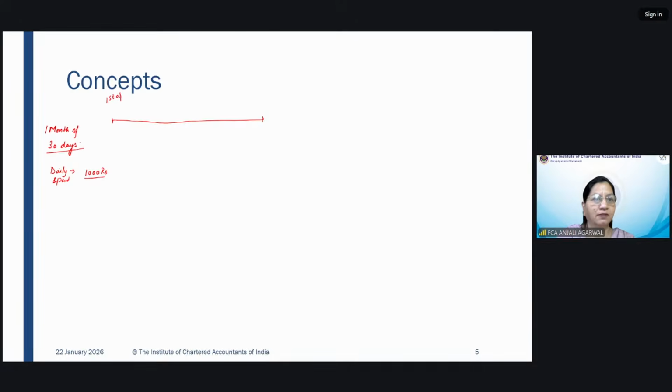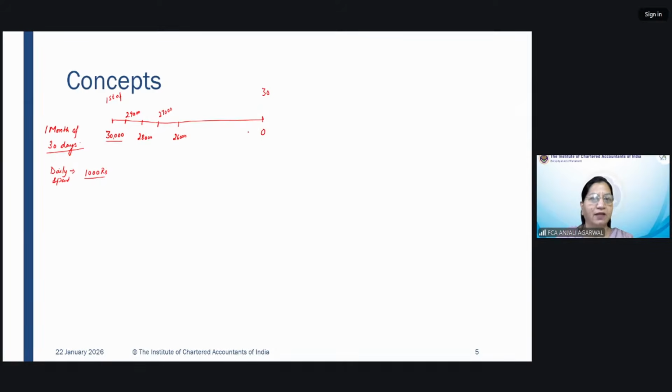On the first of every month, you withdraw 30,000 from your bank account to keep cash. On second of the month, the balance will be 29,000. On third of the month, the balance will be 28,000. Fourth, at the end of the fourth day, 27,000. So every day you are going to spend 1,000 uniformly. In this way, you keep on spending, and by 30th day, the balance will be zero, right?